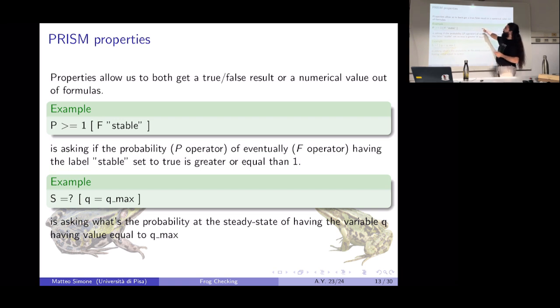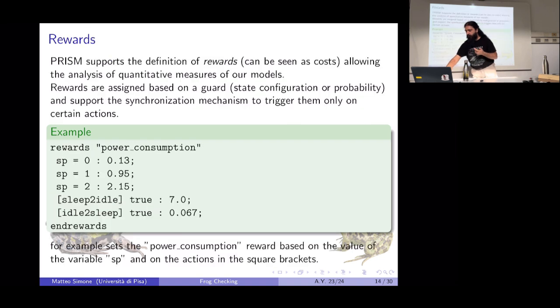So this kind of property gets us either true or false. This kind of property with equals question mark gets us a probability. This is asking what's the probability at the steady state S that Q is equal to some target Qmax. So we can get true or false, or probabilities usually, or rewards.